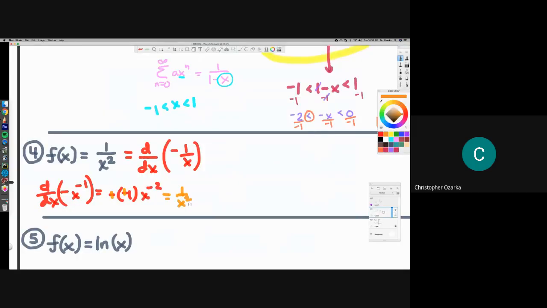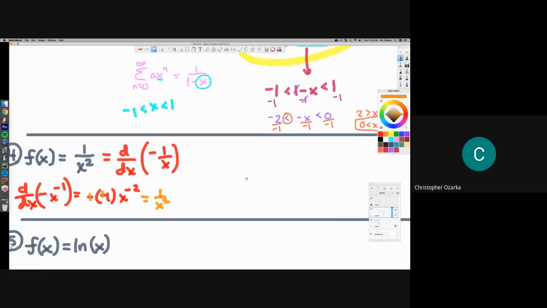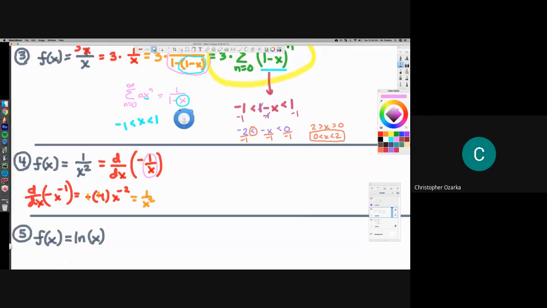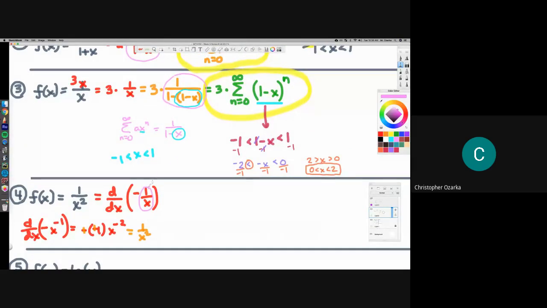All right. So 1 over x squared. That means the derivative of negative 1 over x is equal to this. What's crazy is we know what this 1 over x is as a summation, because it's right here as a power series. That's equal to that.